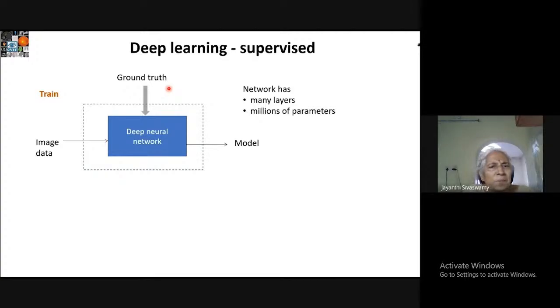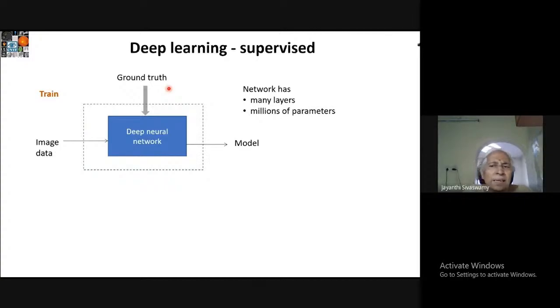So you have millions of parameters that have to be tuned, which means the training phase is very, very critical. And you need lots of data to get all the parameters tuned properly. Once you do that, you take the model and you send unseen image data, and it will give you the label for that image. So it could be that I am doing a task of, is this image normal or diseased?